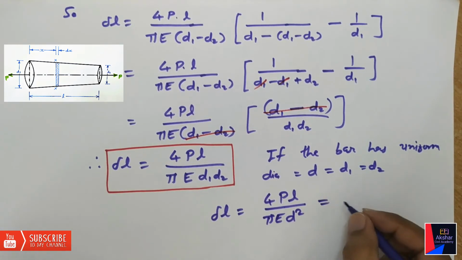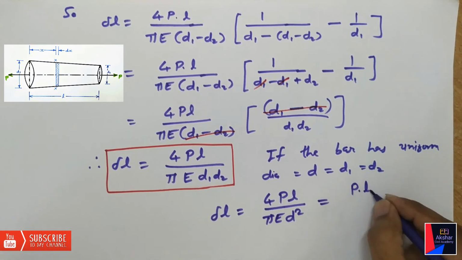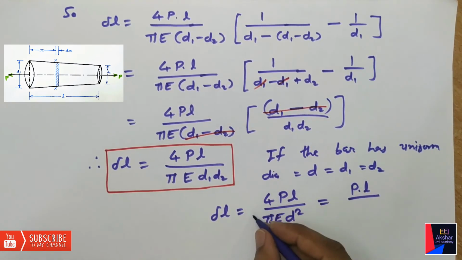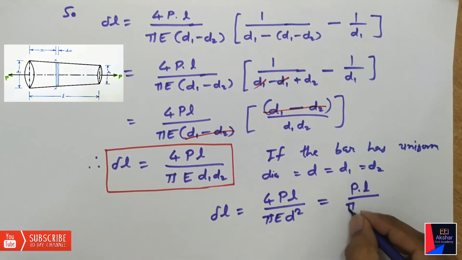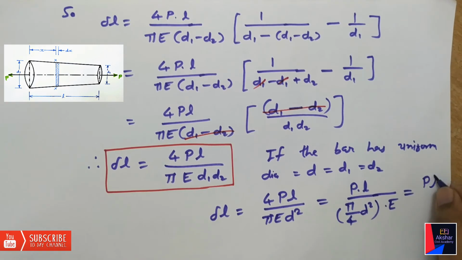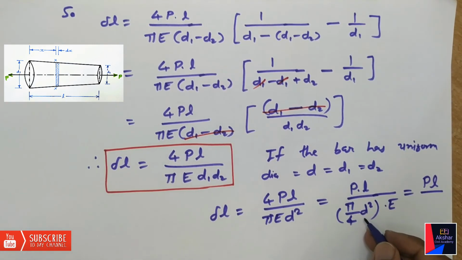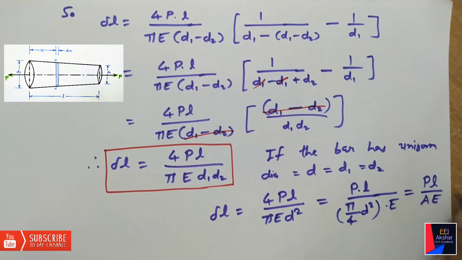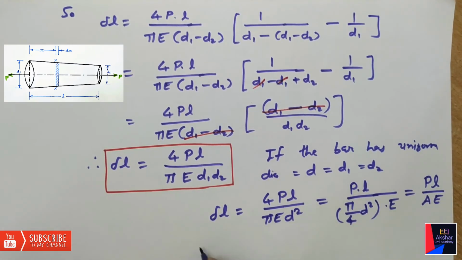This equation can also be written as PL upon, 4 can be taken here, so pi by 4 into d square into E. This equation can be written in this way also, and then we get PL upon the area of cross section, so we can write A, multiplied by E. So we can get the equation of deformation here.